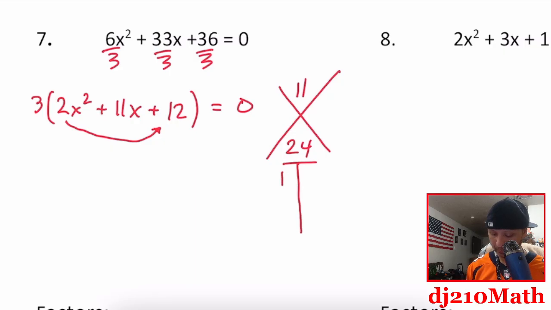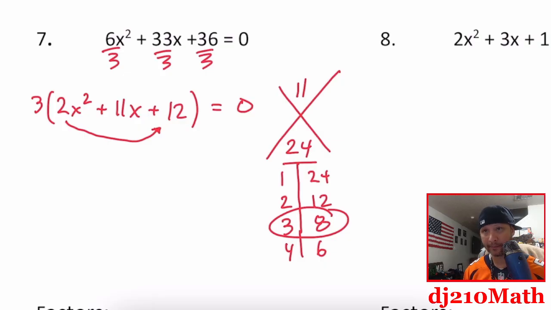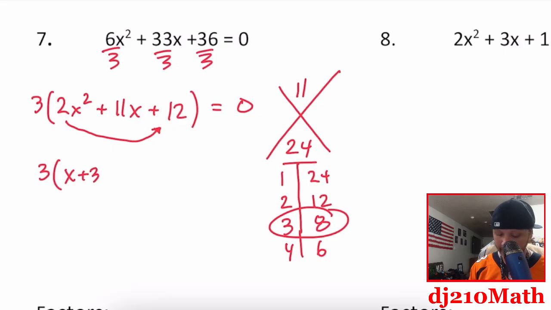So we got 1, 24, 2, 12, 3 and 8, 4 and 6. All right, 3 and 8 is definitely our guy. 8, 9, 10, 11. Right, we're adding them together. So this is going to be x plus 3, x plus 8 equals 0.